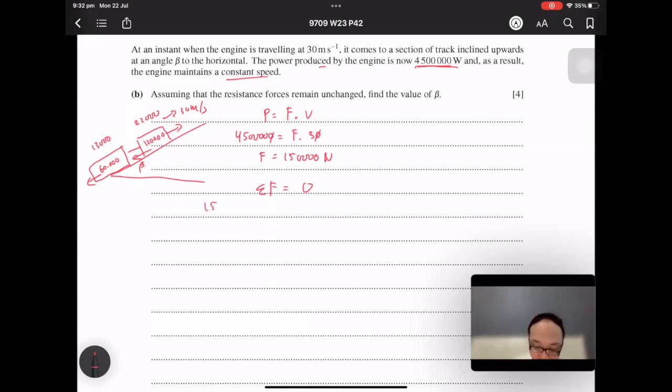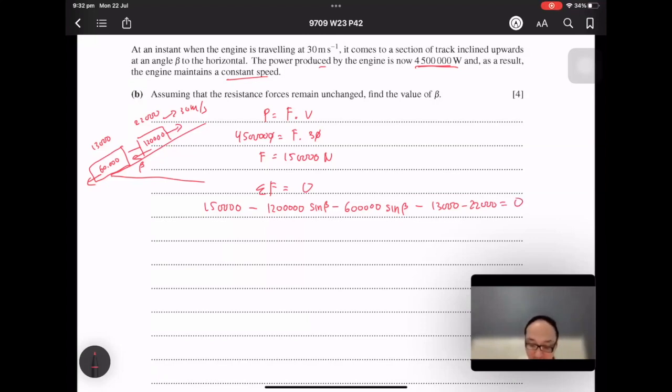So 150,000 minus the weight components, 1,200,000 sine beta minus 600,000 sine beta, minus the frictions 13,000 minus 22,000 equals 0.